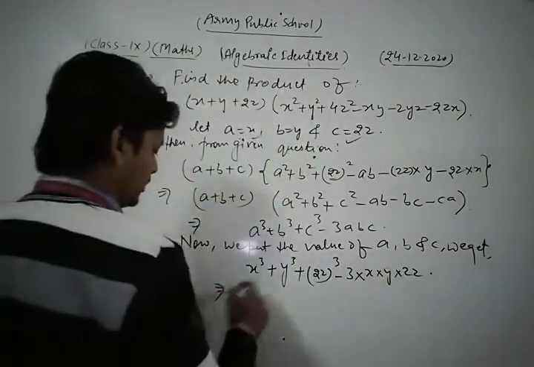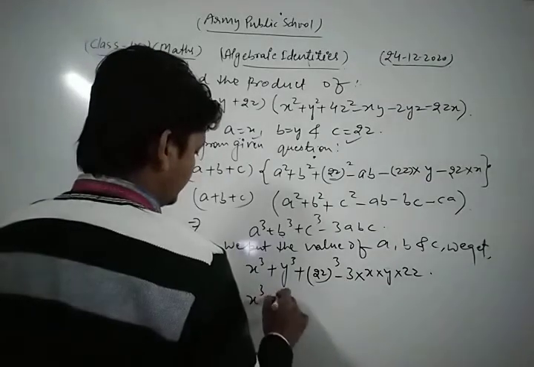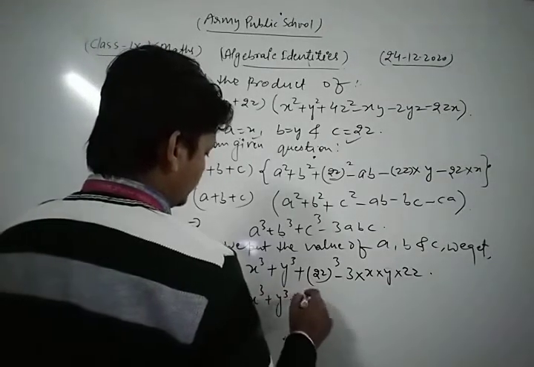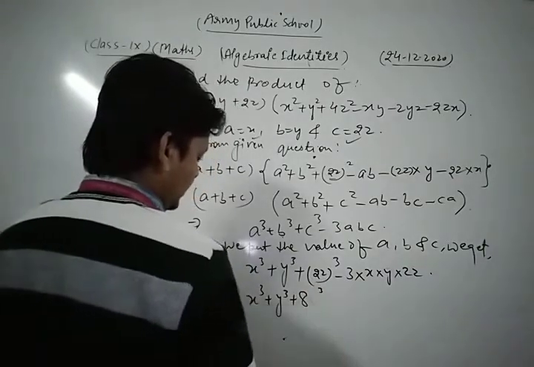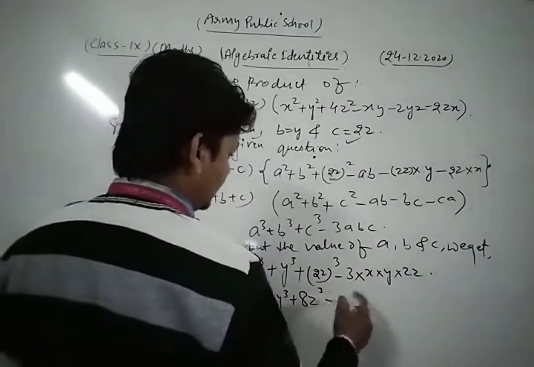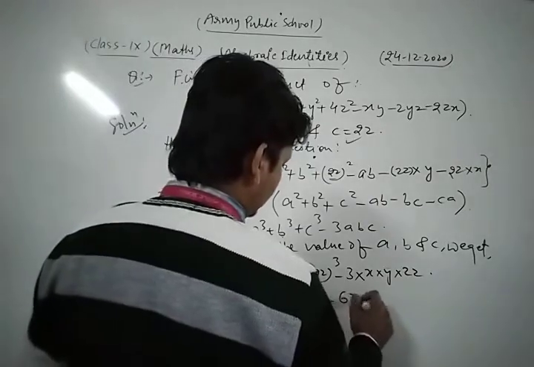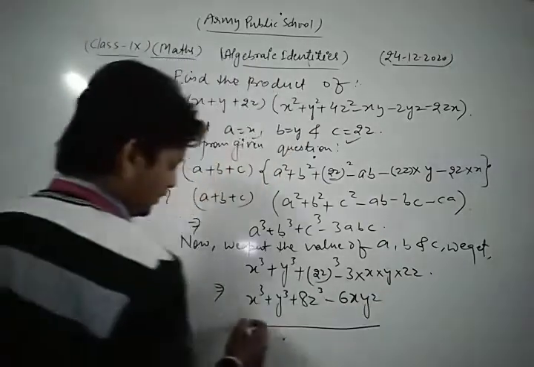So we write x cube plus y cube plus 8z cube minus 6xyz.